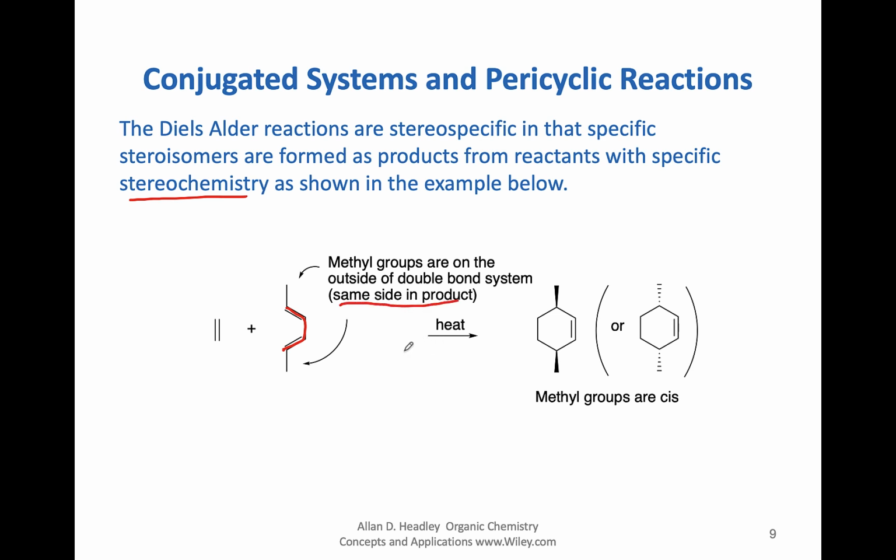In the 4+2 cycloaddition, these electrons will come here and here to form the product, but notice these groups are cis to each other on the same side. So the products could be this or this. Of course, it's just a matter of flipping the molecule, same molecule. Okay, but the main aspect is they are cis to each other here.